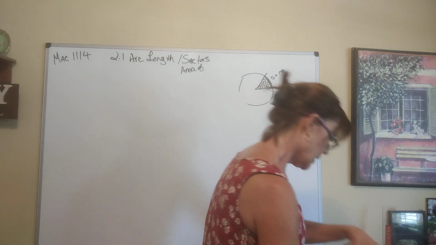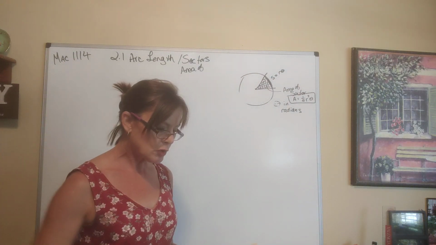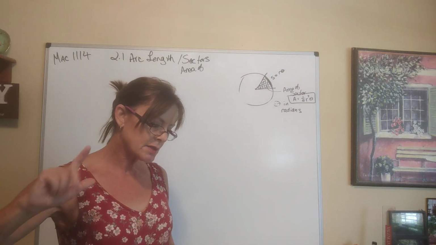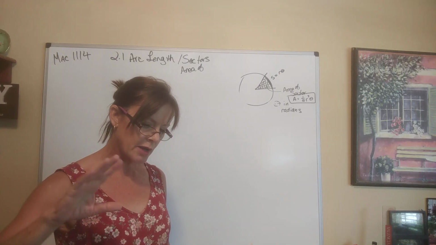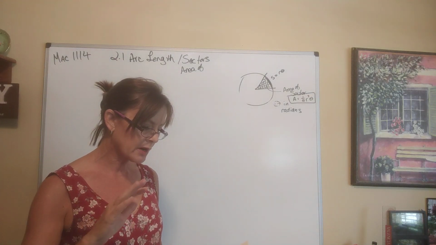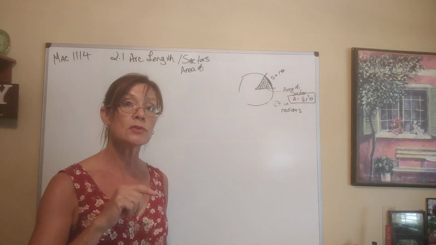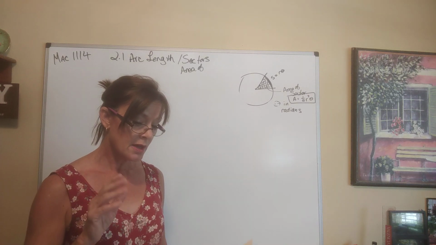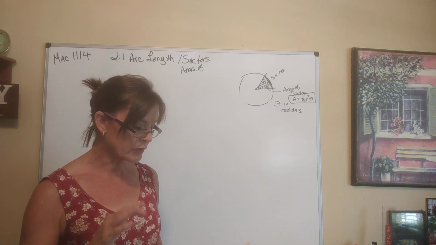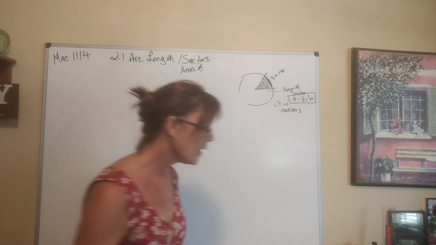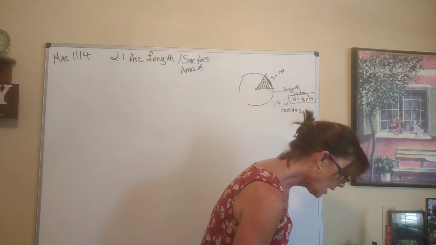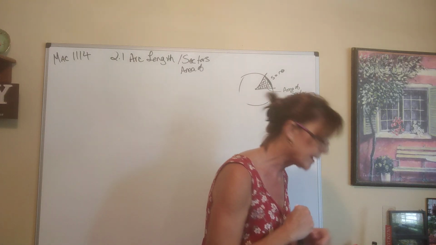Ready? It says 2 gears are adjusted so that the smaller gear drives the larger one, as shown in the figure. If the smaller gear rotates through an angle of 225 degrees, through how many degrees will the larger wheel rotate?